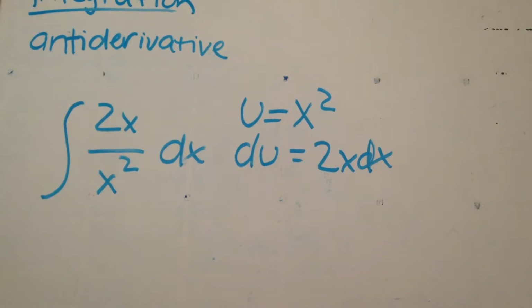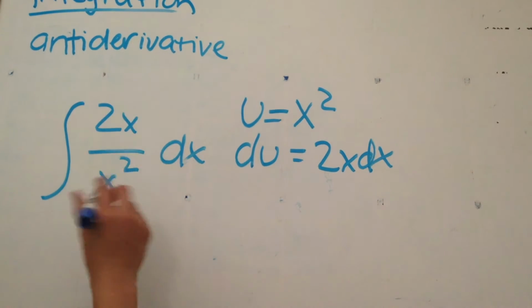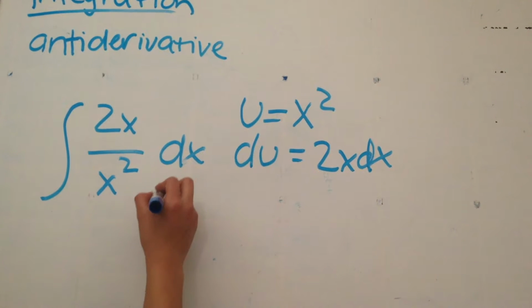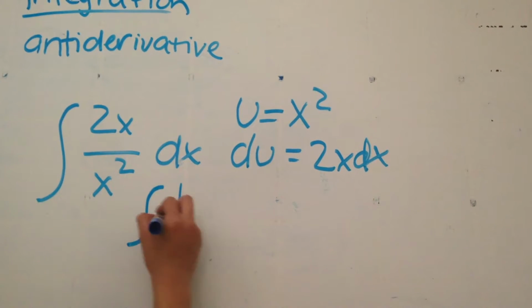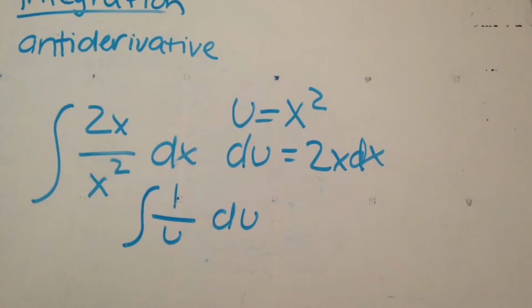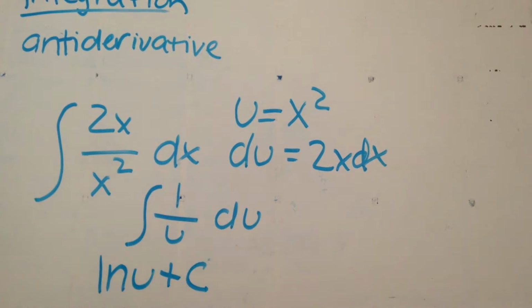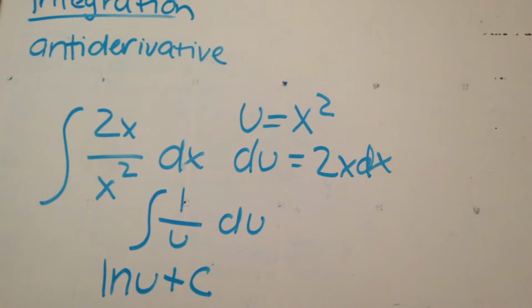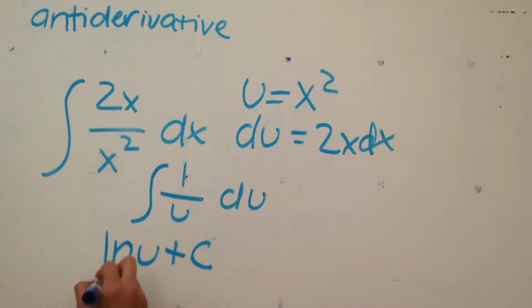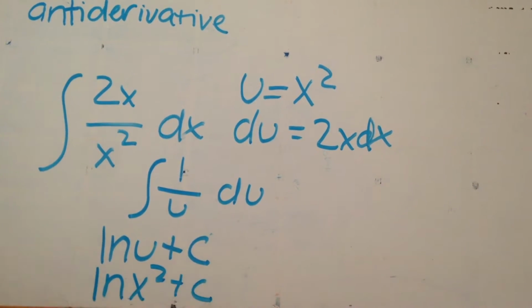So you can change the equation to the antiderivative of 1 over u with respect to u. And then the antiderivative of that would be ln u plus c, as we just learned. And then to get the answer, you have to plug the original back in for u, so it will be ln of x squared plus c.